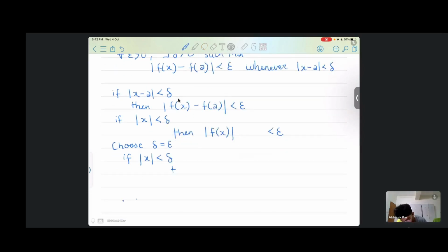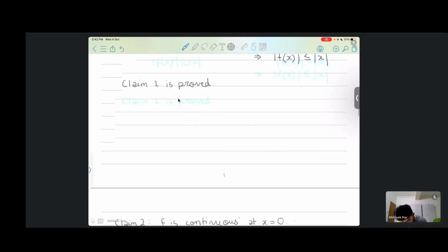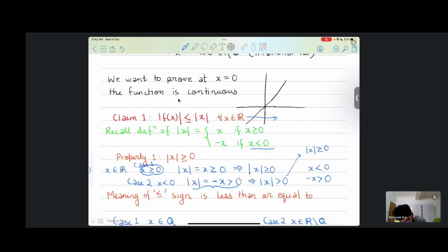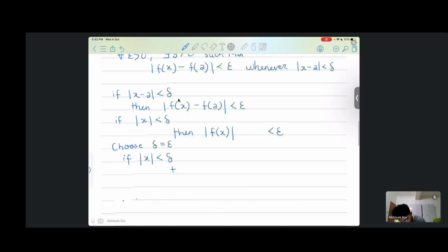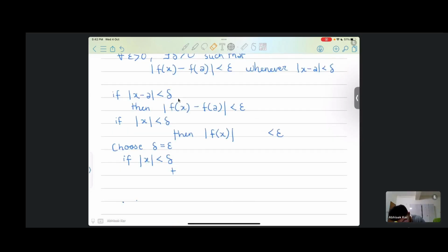Recall claim 1: mod of f(x) is less than or equal to mod of x. So mod of f(x) is less than mod of x using claim 1.